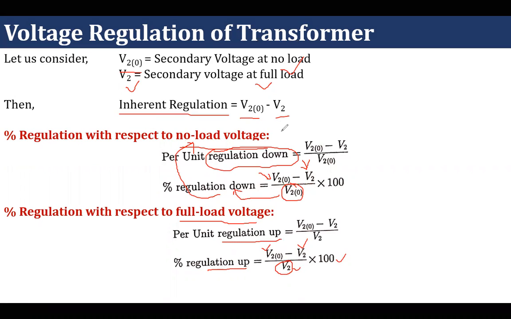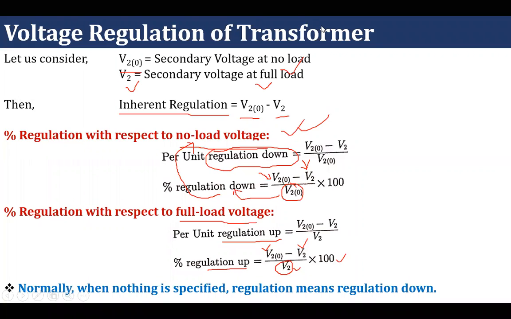And this is the more common one, with respect to no load voltage. So whenever it is not mentioned, we have to find out regulation down, that means regulation with respect to no load voltage.